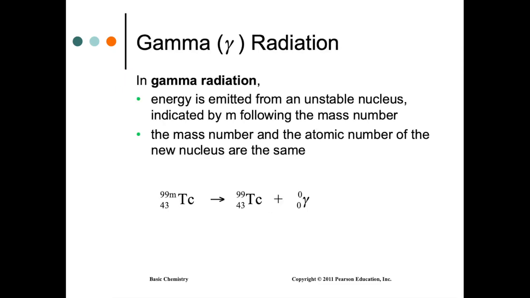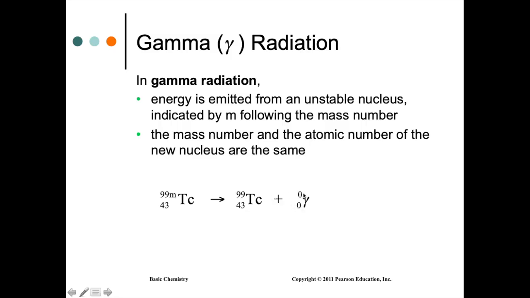I pointed out earlier that gamma radiation doesn't have a mass number or atomic number. We just use the lowercase Greek letter gamma, and we put in a mass number of 0 and atomic number of 0, right? Because it's just electromagnetic radiation. Now, how do we show this in a nuclear equation? Well, since your mass number and atomic number isn't really changing, right?